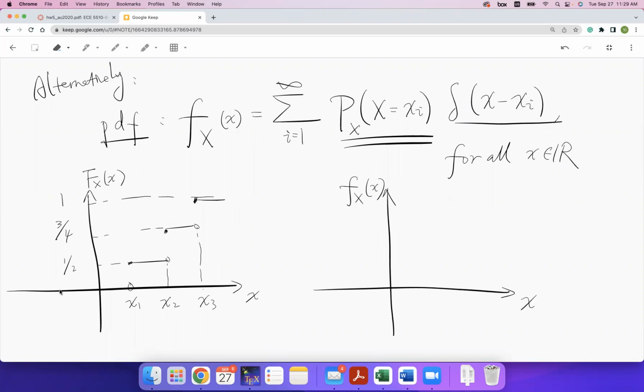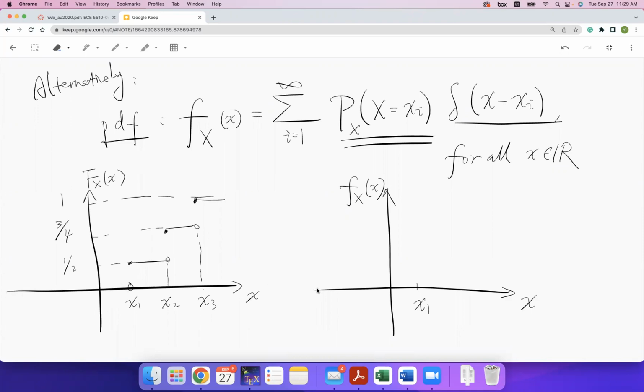Now before x1, when x is less than x1, to the left of x1, this CDF is differentiable because it is a straight line, a horizontal line. It's constant. So before x1, because it's differentiable, I can take the derivative.